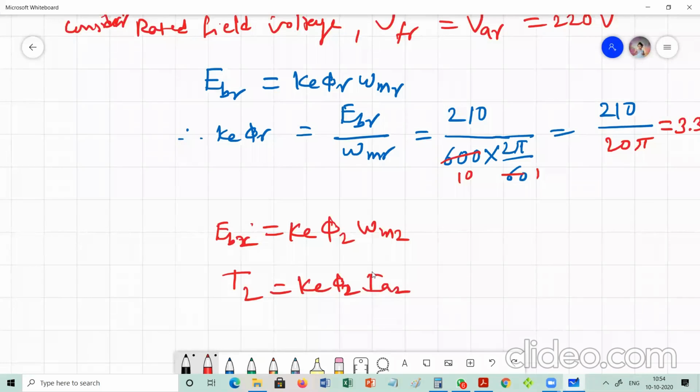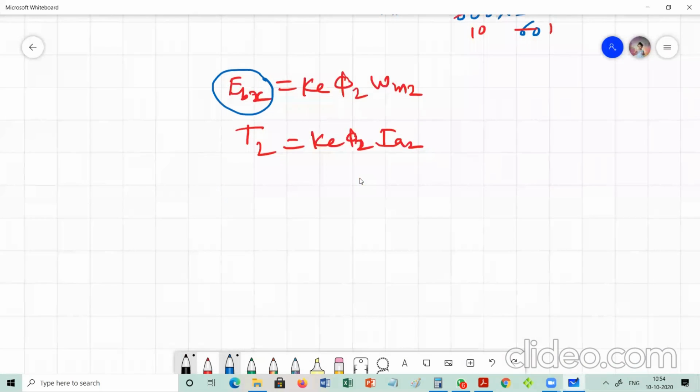To use Eb2 equal to Ke phi 2 omega m2, you have to calculate Eb2 first, and for the given omega m2 you can calculate Ke phi 2. But we already calculated T2 and the value of Ia2, so using the second formula is easier. So we will use this formula of T2.